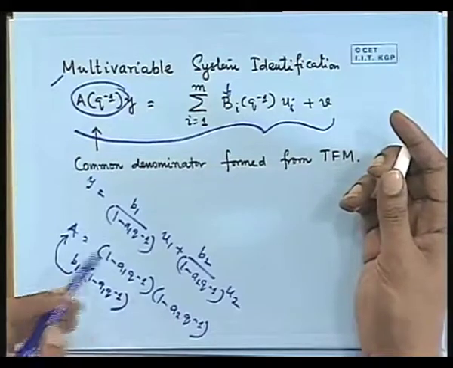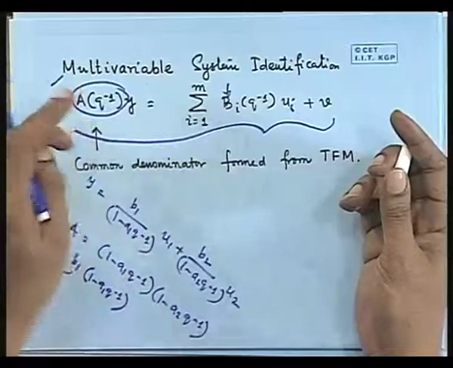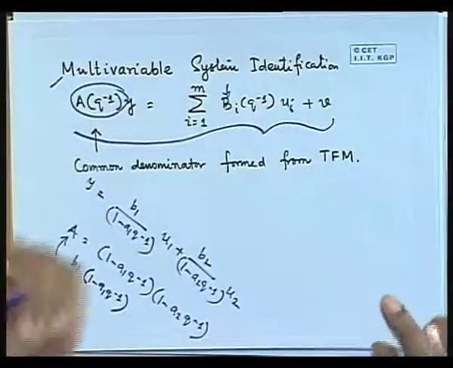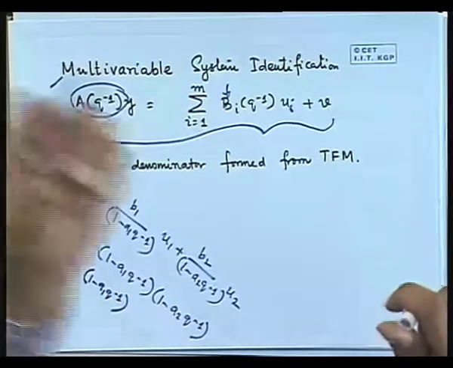But all these polynomials, that is capital B1, capital B2 and A, will not have one common factor. Between B1 and A there will be a common factor, between B2 and A there will be a different common factor, between B3 and A there will be another common factor. It will not happen that B1, B2, B3 and A all have one common factor.